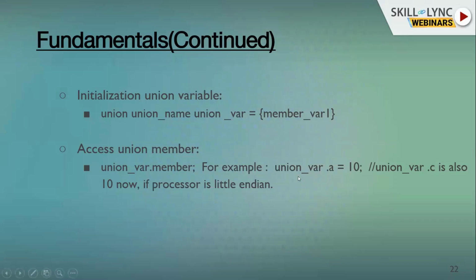If I want to access the value, suppose for example I have assigned union var dot a, where a is integer and c is character. So 10 is allocating only the lower 1 byte, since although a has 4 bytes, 10 will go into the lower byte of it. It is little endian.